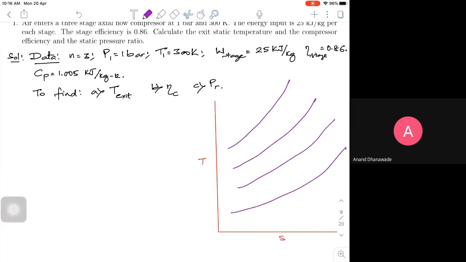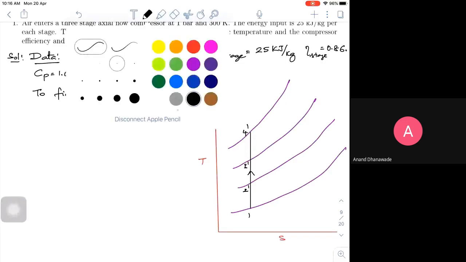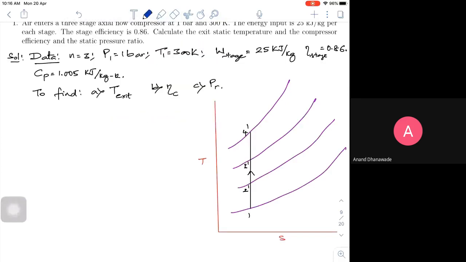If I execute an isentropic process, it will be something like this, from 1 to 2 dash, 3 dash, 4 dash. Now, if I execute an actual compression, the actual compression will be something like this. It's not a straight line, it will be curved a little bit. This will be your actual.